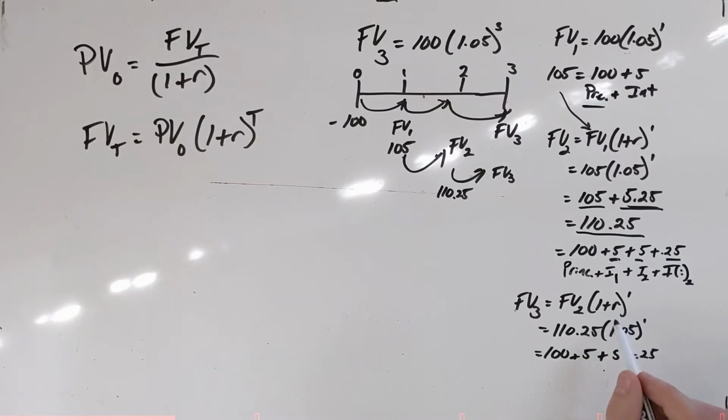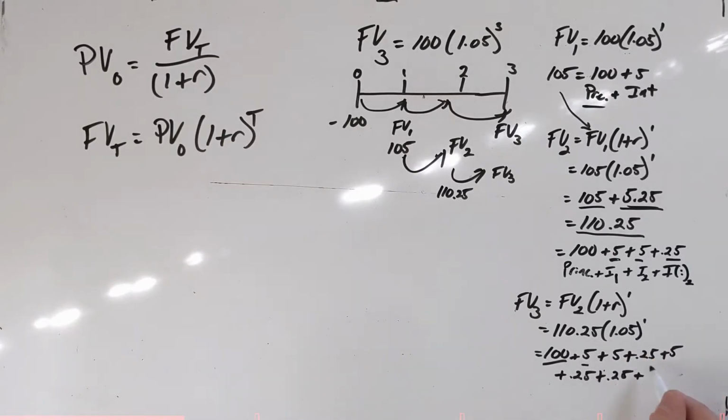So what's going to be the additional money that we get for that third year? Well, we're going to get 5% times the $100, so we're going to get another $5. We're going to get 5% times this $5, which is another 25 cents. You're going to get 5% of that other $5, which is another 25 cents.